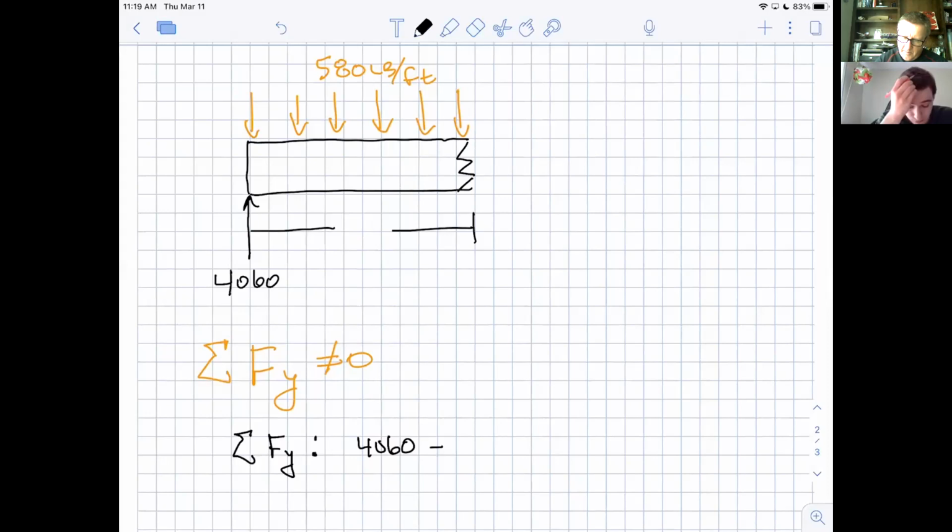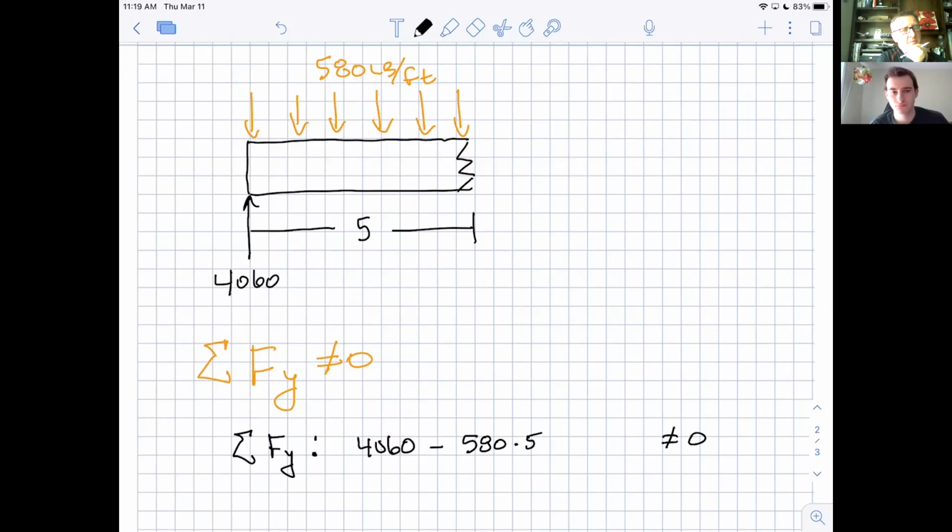I'm going to say, I don't know, 5. If I decided to go 5 feet in, then wouldn't I have 580 pounds per foot times 5? That's not equal to 0. That's not good.